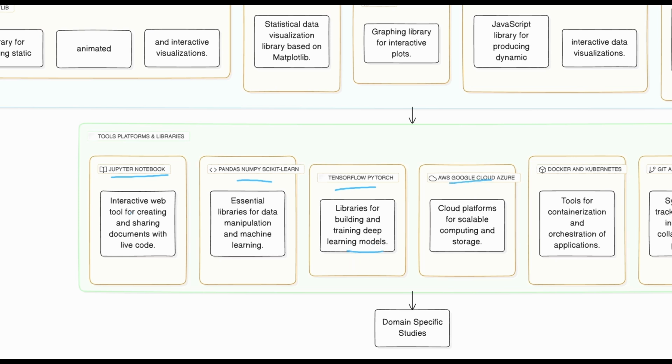AWS, Google Cloud, Azure, etc. are all cloud platforms where you can do distributed computing or host your notebooks and work even more efficiently. There's of course Docker and Kubernetes as well, which is another key tool which often gets missed out by data scientists because it's considered more of a data engineer or software developer tool.